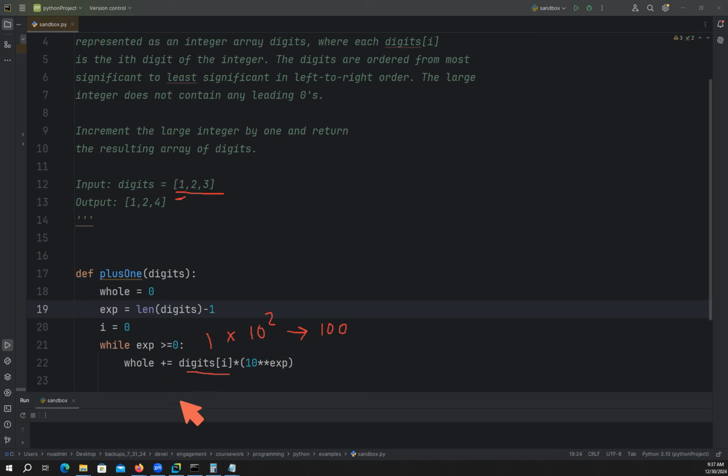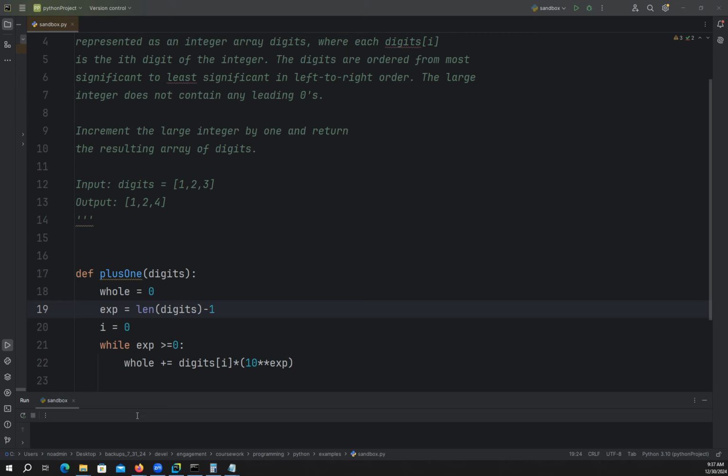And then as I iterate next, it'll be 2 times 10 to the 1, which will be 20. 100 plus 20 equals 120. On the next turn, it'll be 3 to give you 123. So that is how it works. Element of the number list times 10 to whatever power you're on right now.